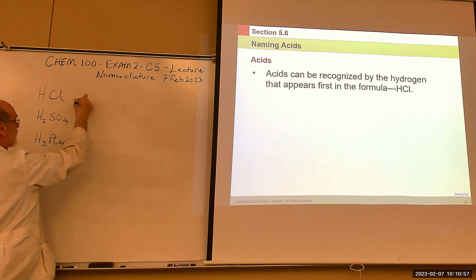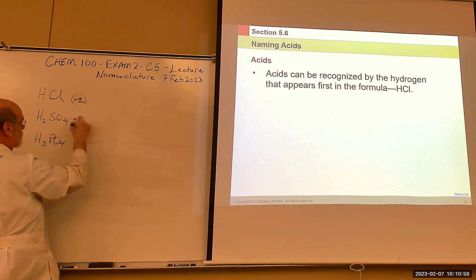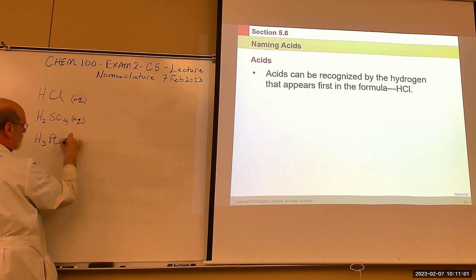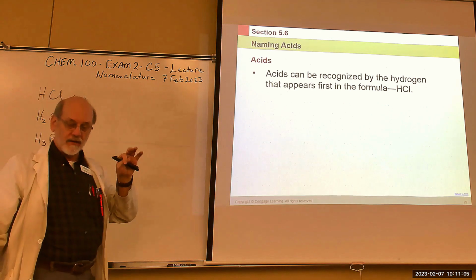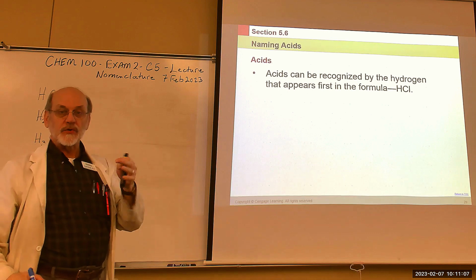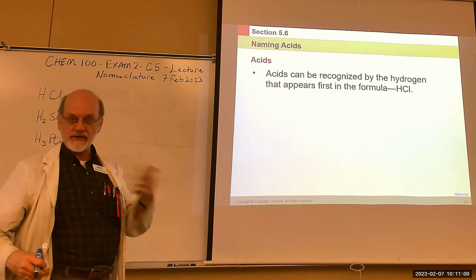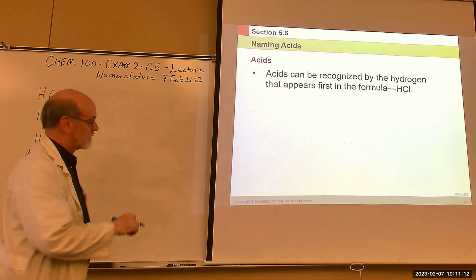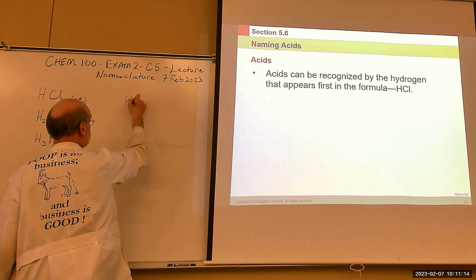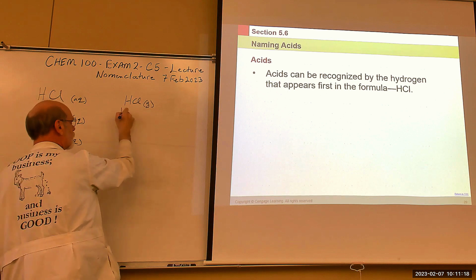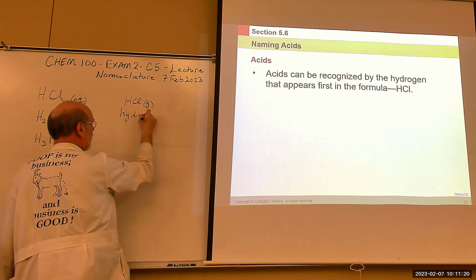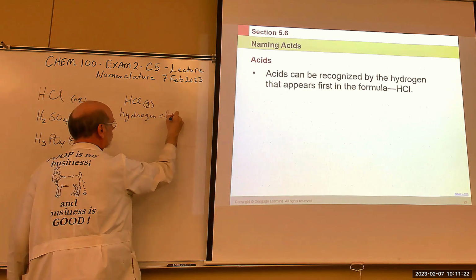They have to be aqueous. If HCl is pure, a pure substance, not dissolved in water, it's not a mixture. If we wrote it like this, it would be a gas. And in that case, we would call it hydrogen chloride.